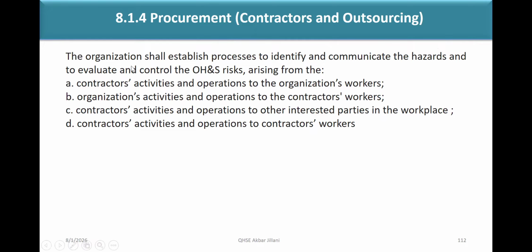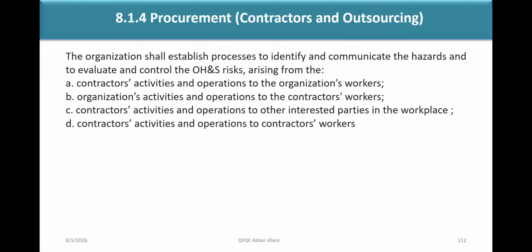The organization shall establish a process to identify and communicate hazards, and to evaluate and control the OHS risks arising from contractor activities and operations to the organization's workers, and from the organization's activities and operations to the contractor's workers. Let's say we are the client.